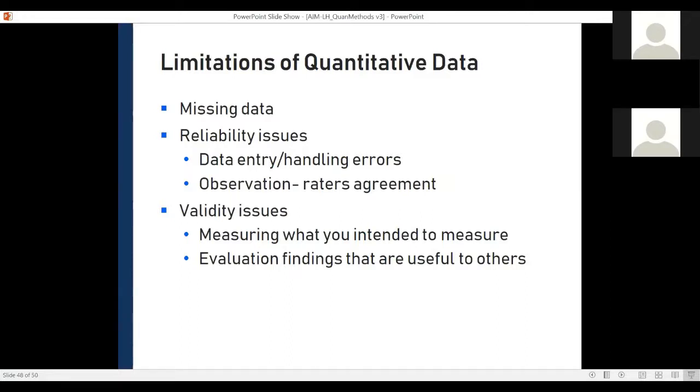We have reliability issues and validity issues. All of these can be handled a lot of the time in the testing phase. So just another reminder to test your survey or your quantitative data collection method. If you're doing observation data, do some pilot testing as well.